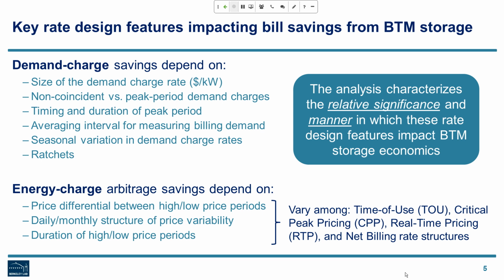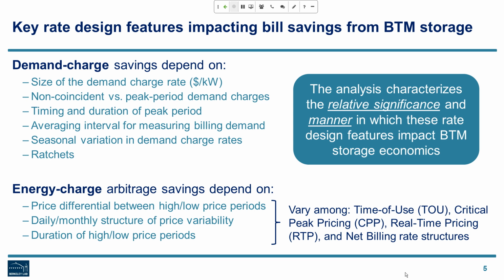So large demand charges are going to lead to greater demand charge savings, but also on a variety of other features. Demand charges can be non-coincident or based on peak demand during predefined peak periods. And this is going to impact how well storage can reduce the demand charge.